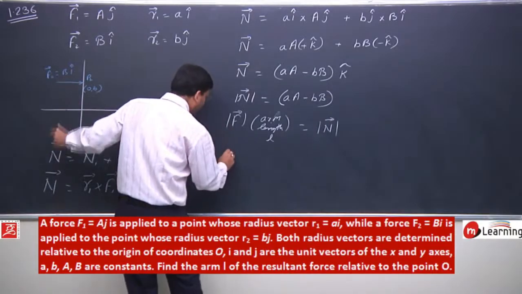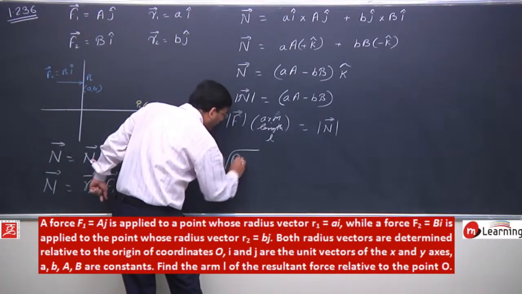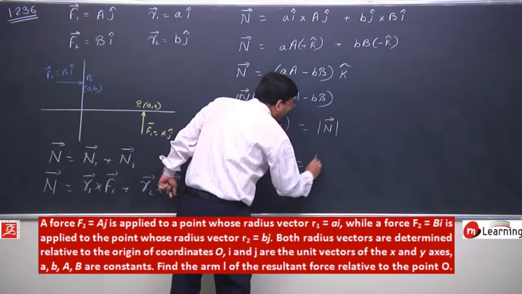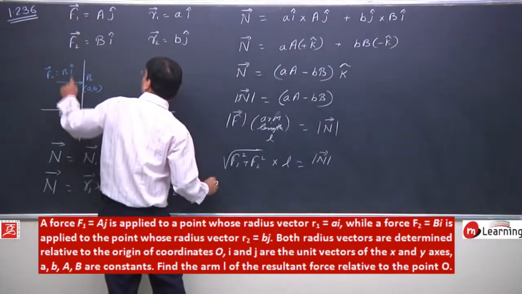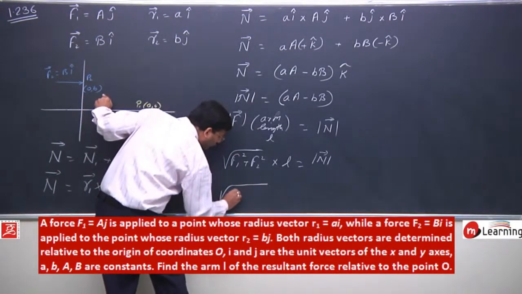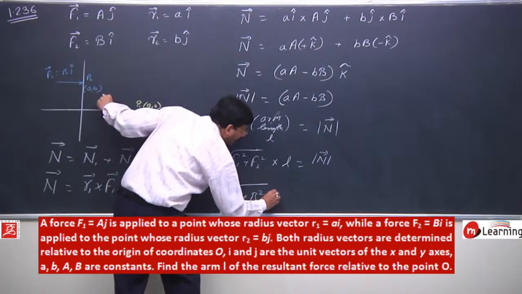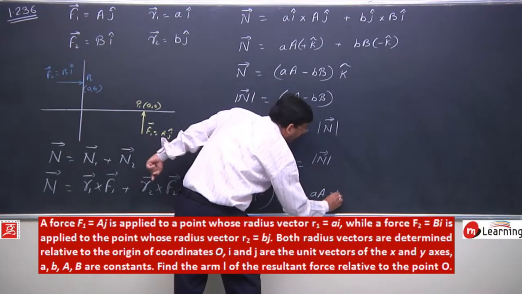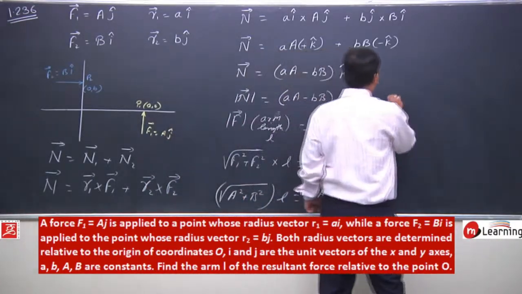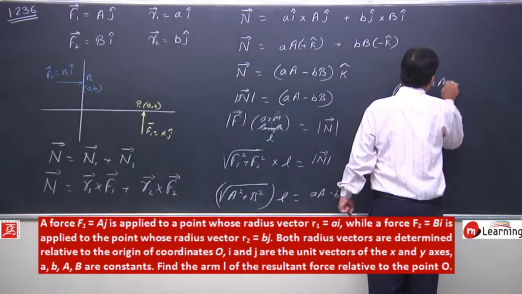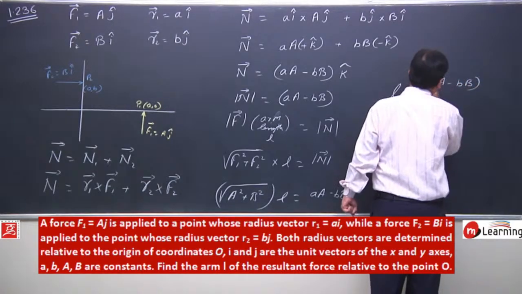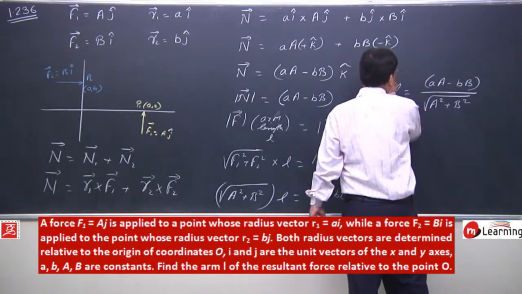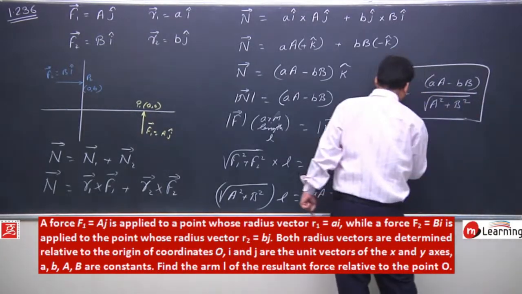The forces are perpendicular, so mod of force is under root of F1 square plus F2 square, which is under root of A square plus B square. So arm length L would be given by AA minus BB upon under root of A square plus B square, and this is the answer.